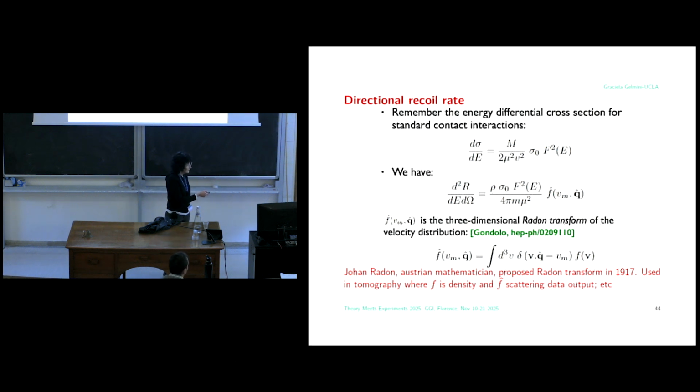This Radon transform is used in tomography, in medicine and many other things. How you interpret your scattering data is also through a Radon transform. So this is the point: your double differential rate is proportional to the Radon transform.